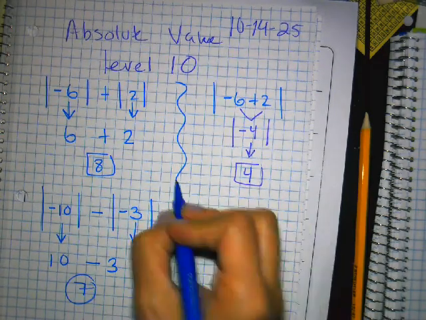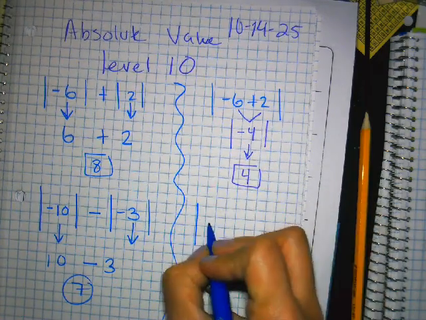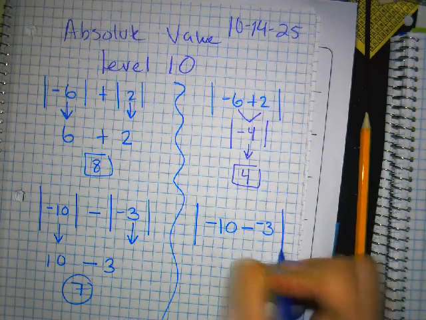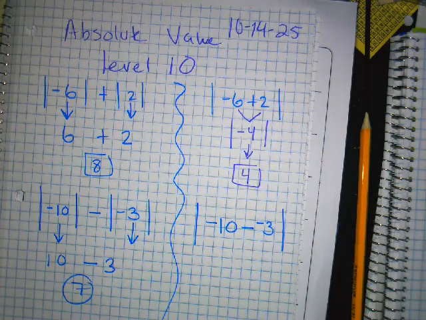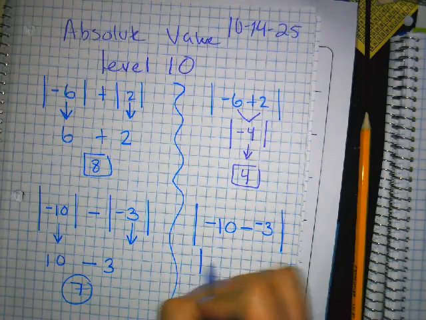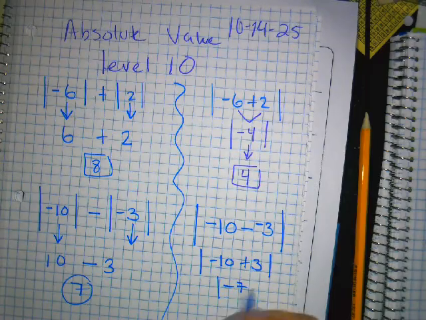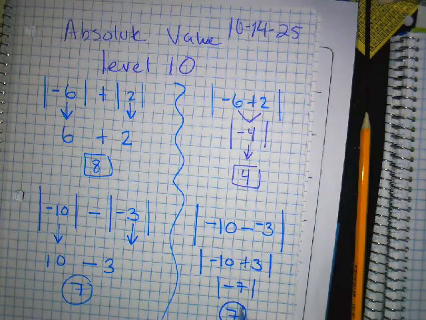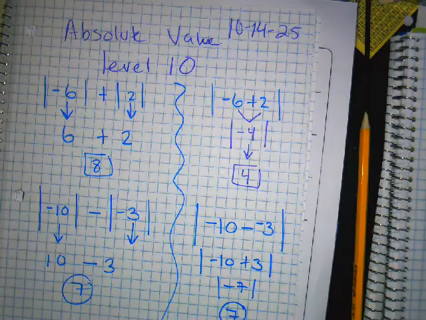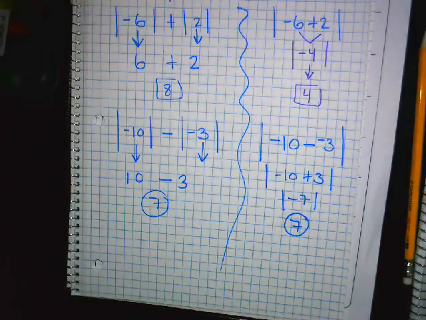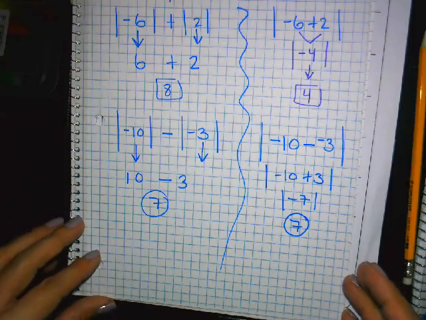Now, let's see. Here, -10 minus -3. We might actually get the same answer. No? Yes? Yes. Okay. So, -10 plus +3 gives me -7. In the bars gives me 7. So here's an example where you would get the same answer. Does that always happen? No, it does not always happen. Are we okay?